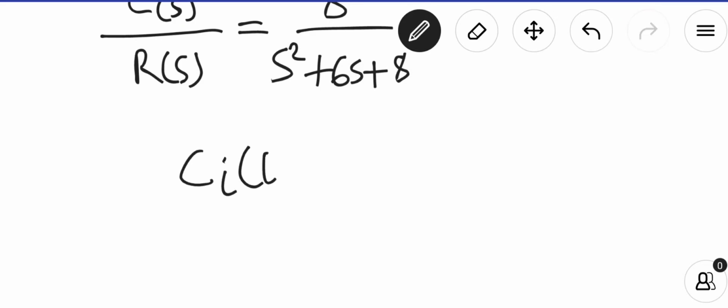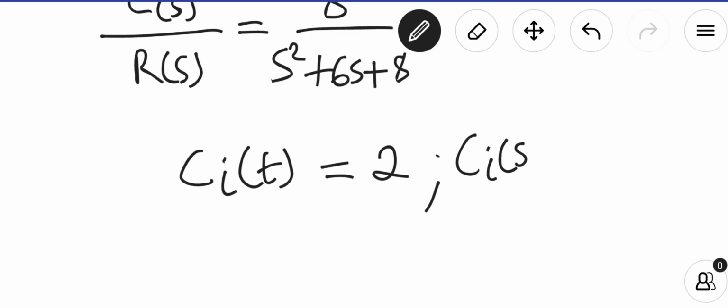That means the input C of t is equal to 2. So that means C Laplace transform of this function of time is equal to 2 over s.